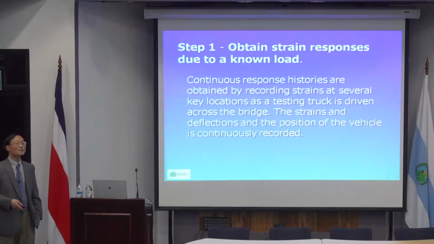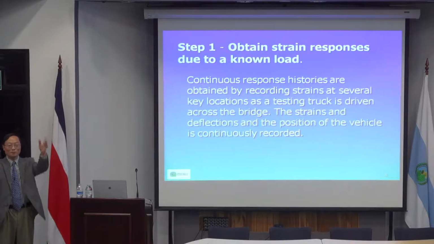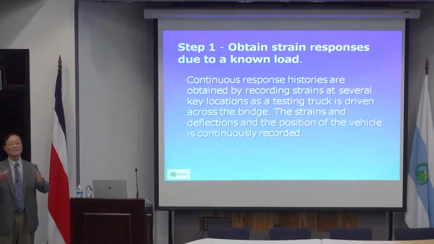So in that kind of situation, probably you can do a load testing. And also, some kinds of bridges are difficult to analyze. For example, if you have two arches, and the two arches have a deck on top.